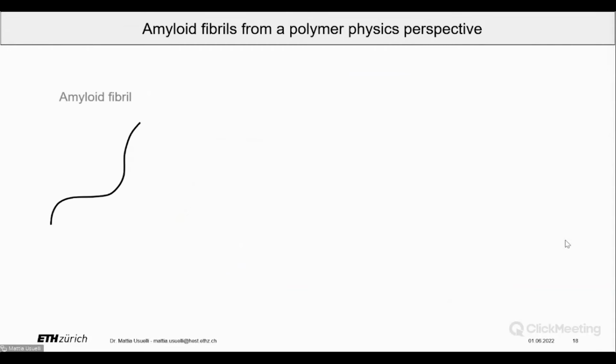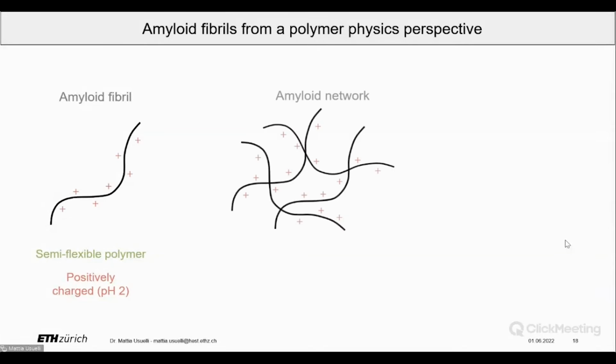From a polymer physics perspective, you can think of a single amyloid fibril as a semi-flexible polymer. It means that it has contour undulation on a length scale similar to the length of the fiber itself. And if we are at pH 2, these objects are positively charged.